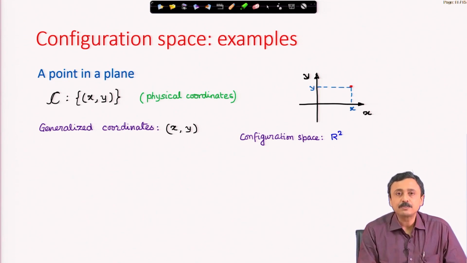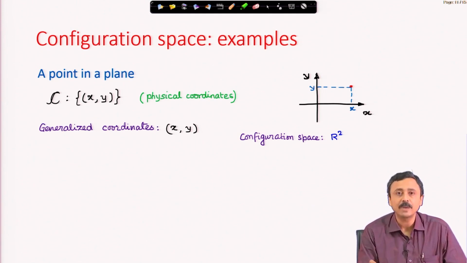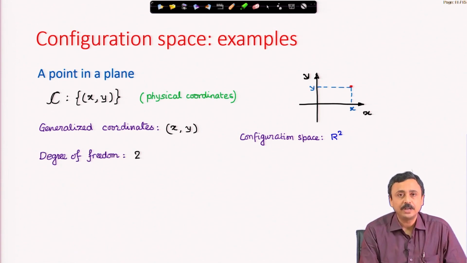Therefore, the configuration space of a point in a plane, in the x y plane, is R2. So, R cross R, 2 real lines, oriented in this manner, I can represent the location of any point in a plane. We have 2 degrees of freedom.